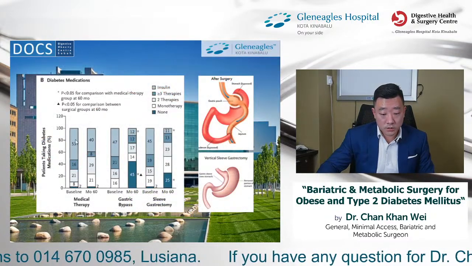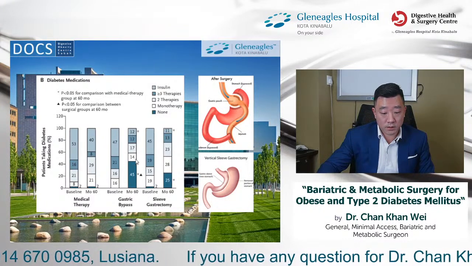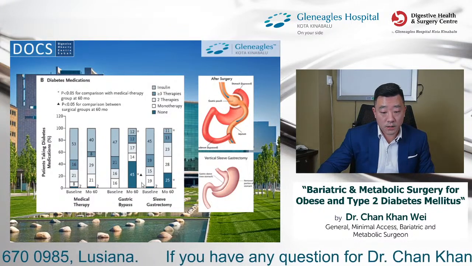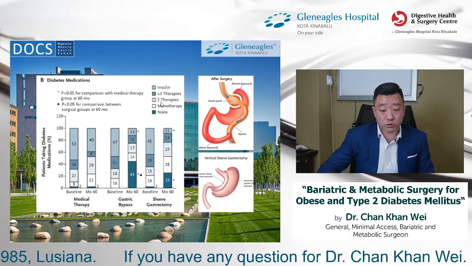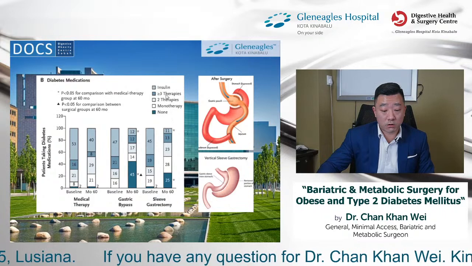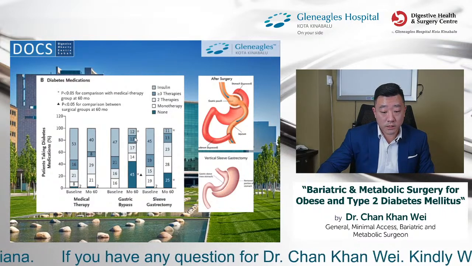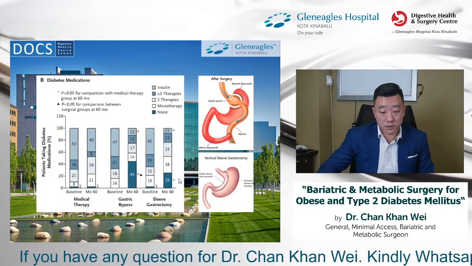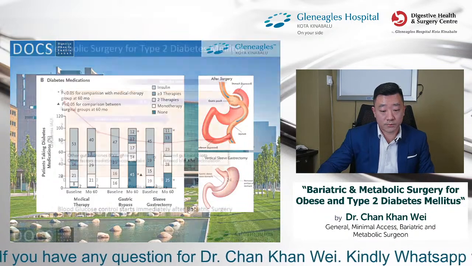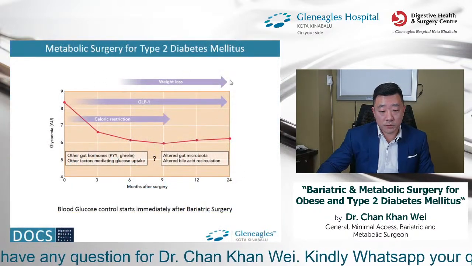And you can see in this chart here, especially in the gastric bypass, at least 45% after 5 years is actually off any kind of medication for diabetes mellitus, whether it's monotherapy, dual therapy, or more, or even insulin. And actually less than 10% of the gastric bypass group will still need insulin, including the sleeve gastrectomy group.